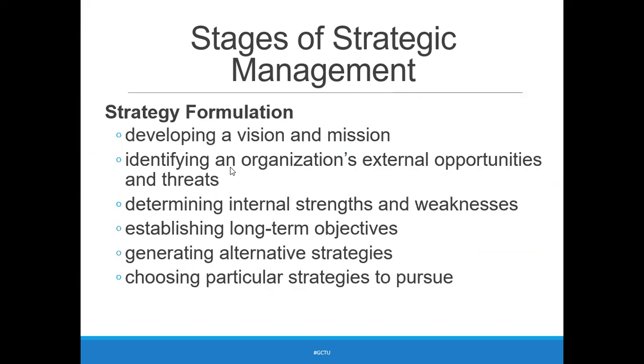So still on the stages of strategic management, the first stage is strategy formulation. So when you say you are formulating a strategy for an organization, what does it mean? It includes a number of things. And this usually commences with the development of the vision and mission for an organization.